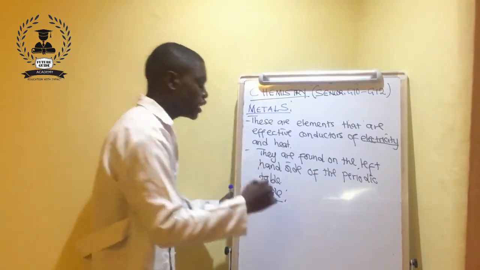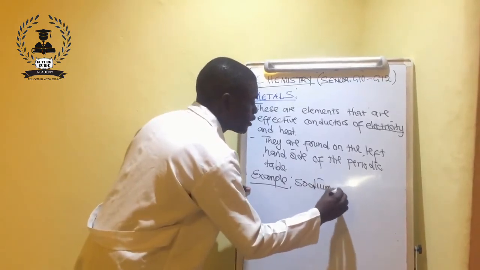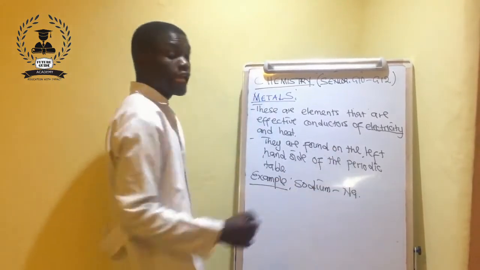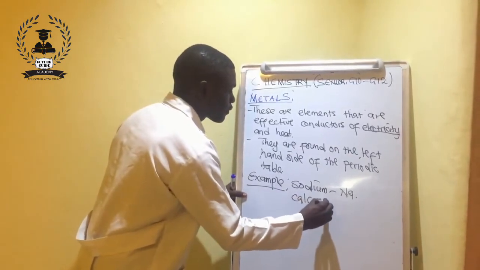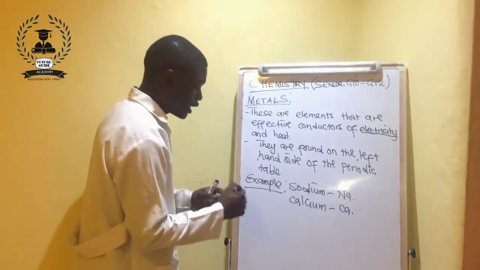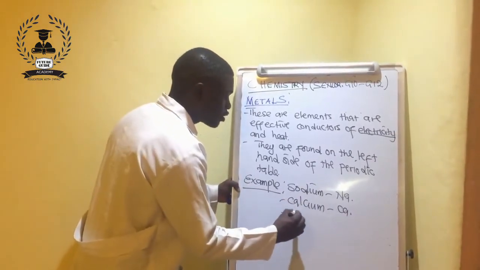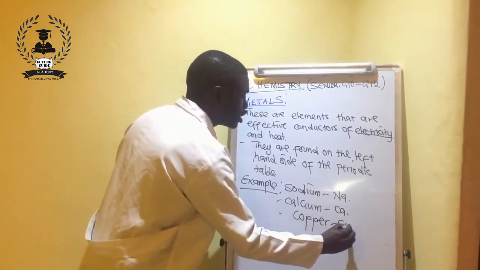Examples of metals. Do you know any? We have got sodium, which is Na. We've got calcium, which is Ca. We also have got other metals such as copper, which is Cu.